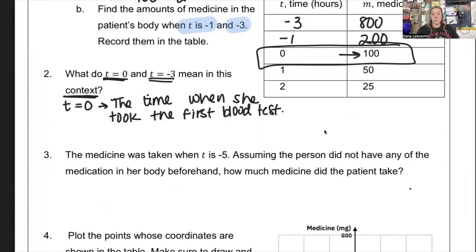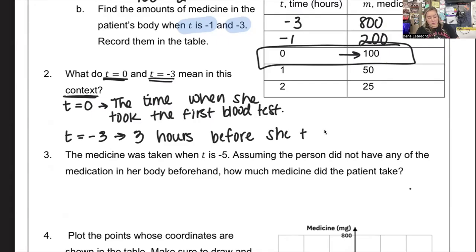Okay, so our input is time. It is in hours, but we need to talk about how we are describing the hours. It's in relation to that first blood test. So if t equals -3, that would be 3 hours because that's how we're measuring it in hours. But it would be 3 hours before, because it's negative, she took the first blood test.